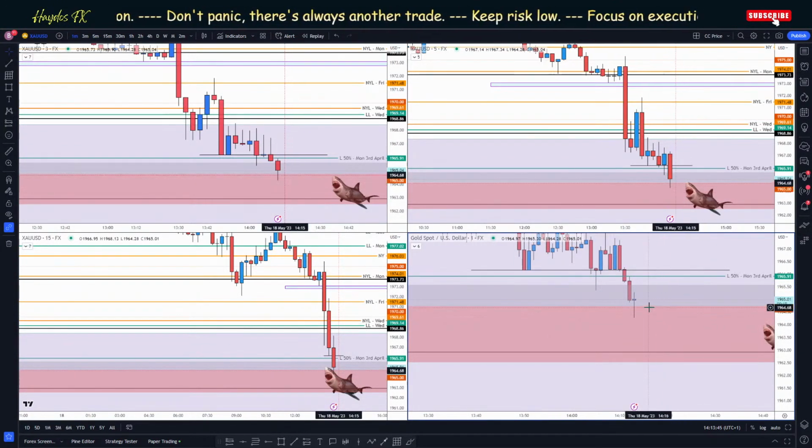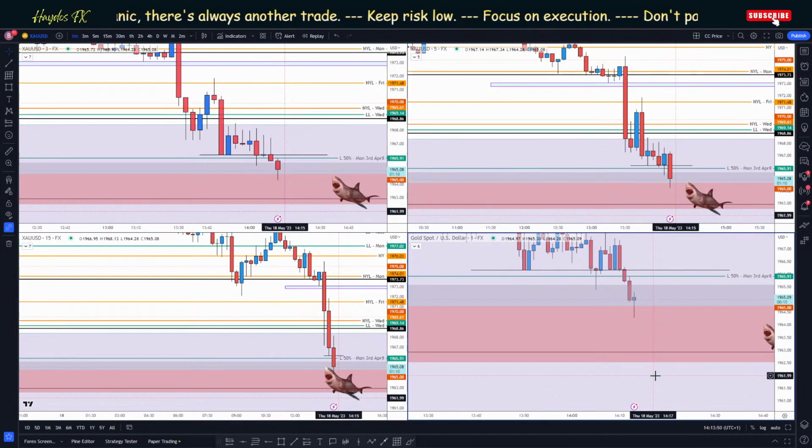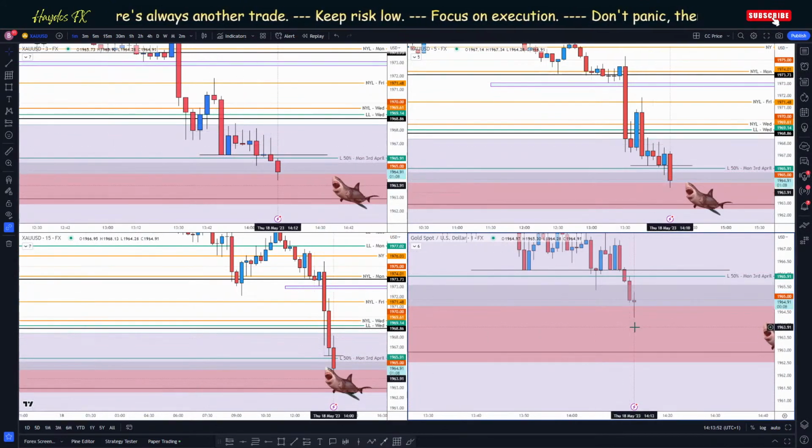I wouldn't be surprised if it gives like a little quick overshoot as well, because we can't forget that we've got clean candles on the left on the 4-hour chart.